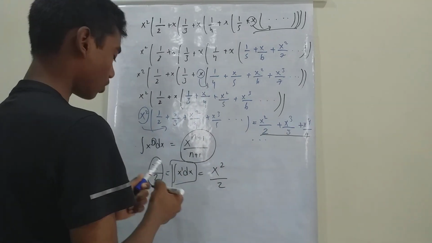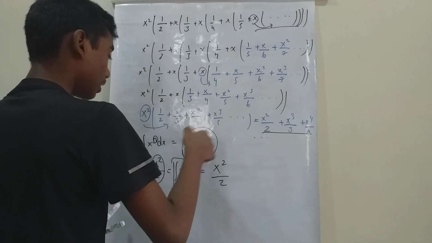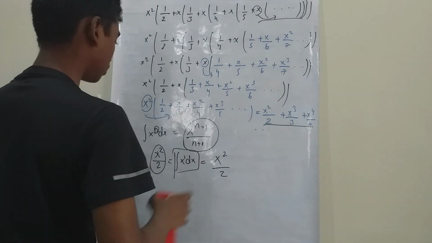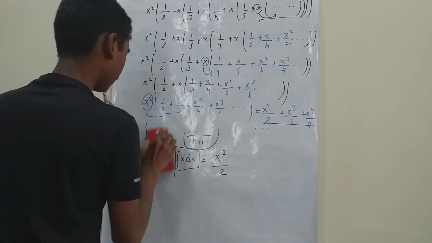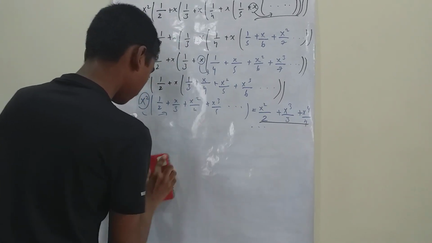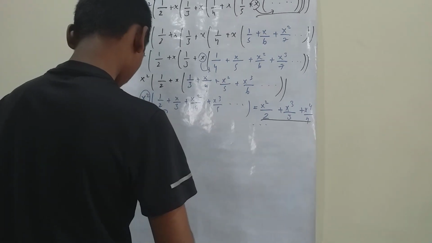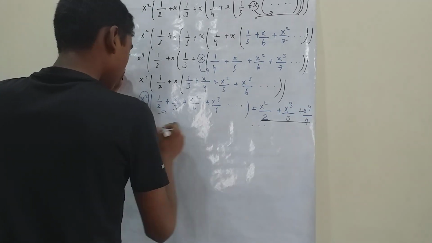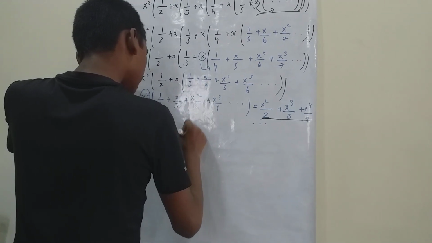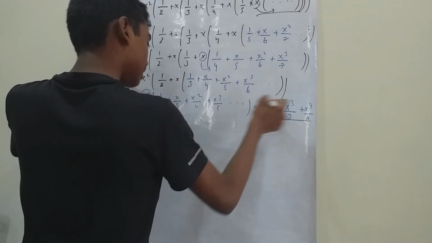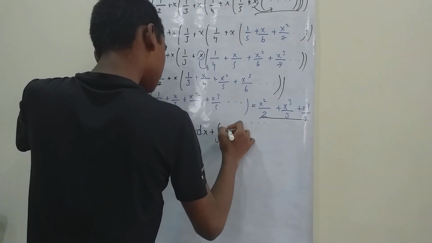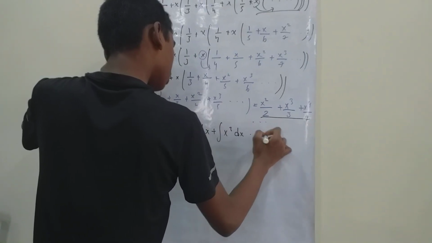So when I do it for all these series, I get integral of x dx plus integral of x squared dx and so on. So then that's the integral of x dx plus integral of this x squared dx plus integral of x cubed dx and so on.